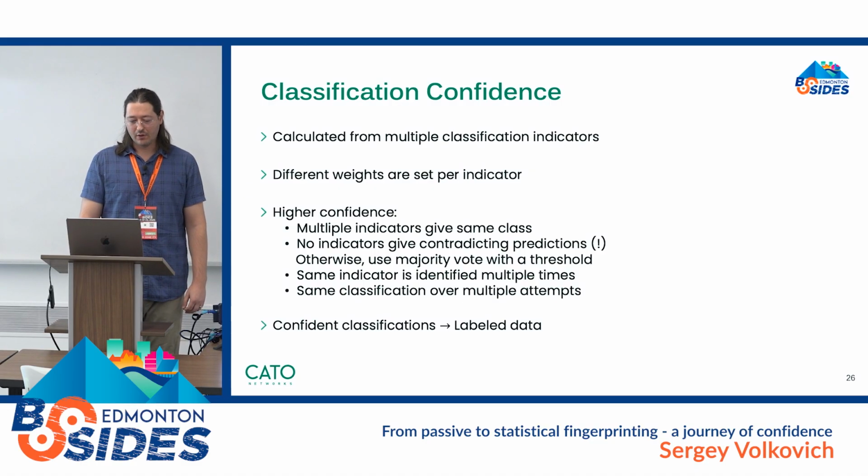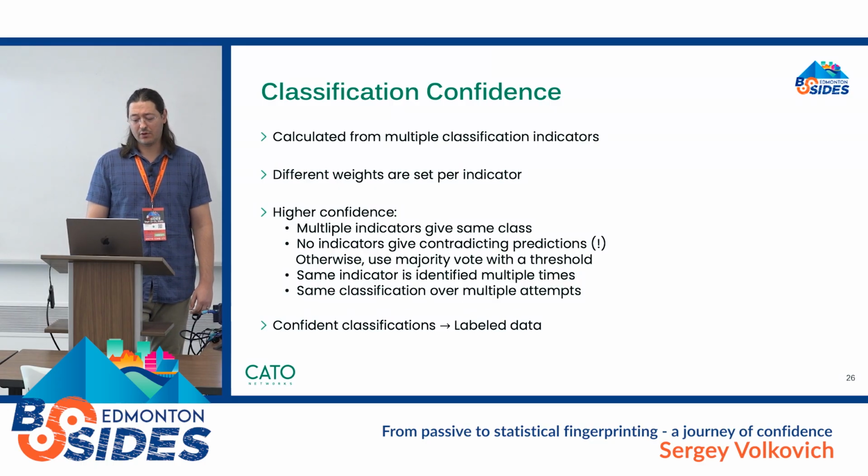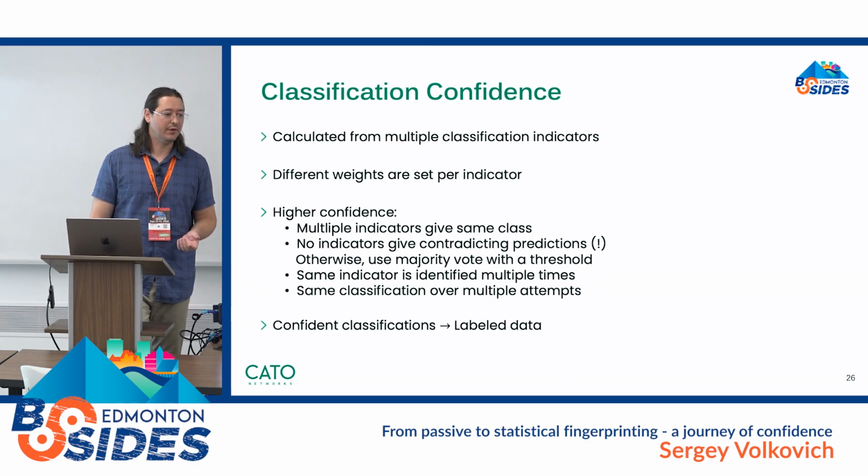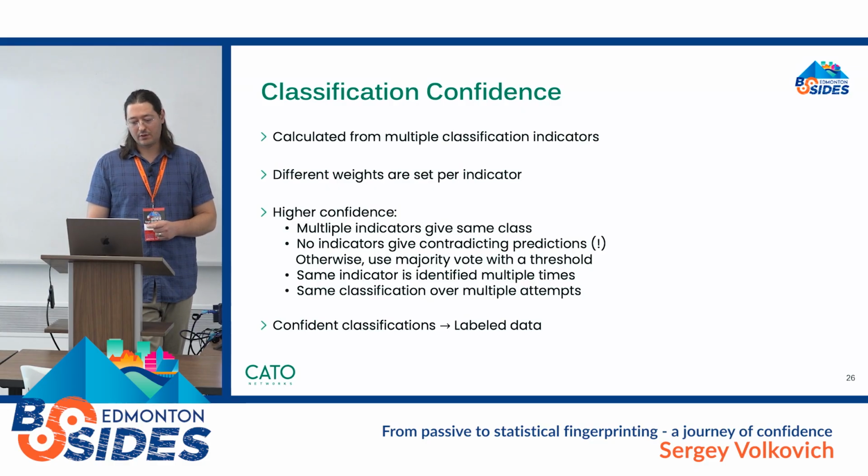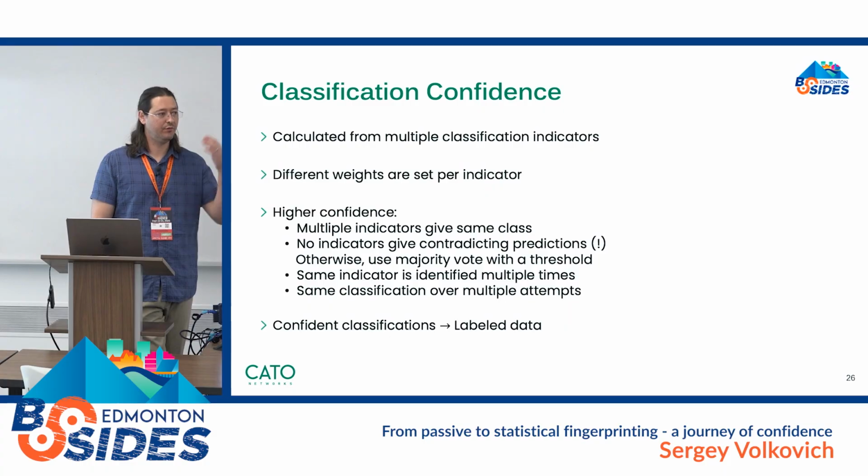Another reason to raise the confidence is that a single indicator has repeatedly given the same classification. You will agree with me, it is very strange if, based on the user agent, we keep seeing different devices. Similarly, we would like to see the same classifications over multiple attempts with, for example, complex signatures.